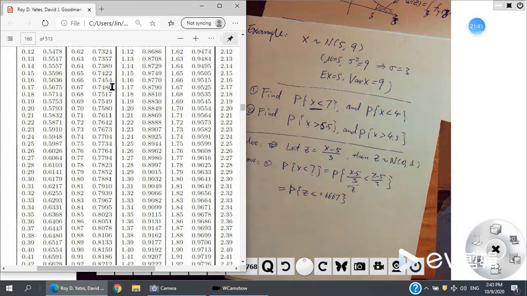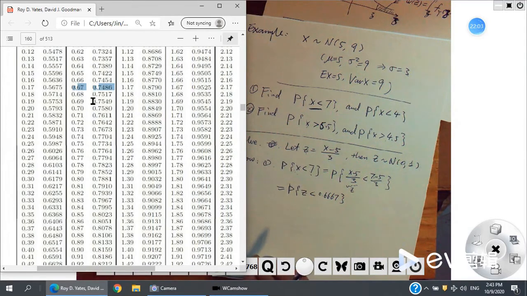For this table, we have some different versions that are more accurate. If you search online, you can find different versions. Some versions of the table are more accurate. But of course, if you use MATLAB to find the value of the CDF of the normal distribution, then you can have more accurate values. Here we just use the table.